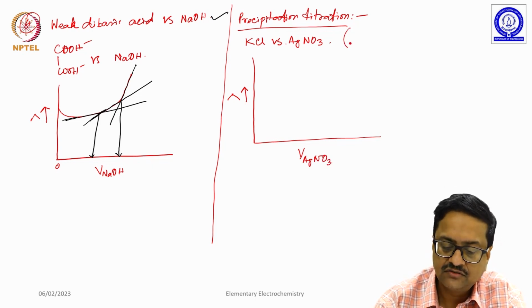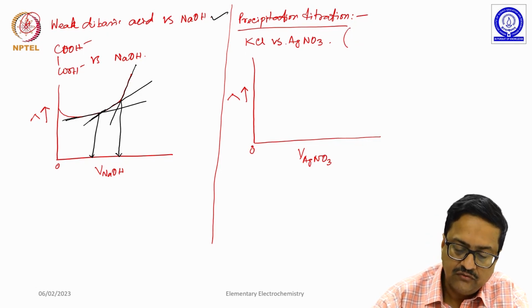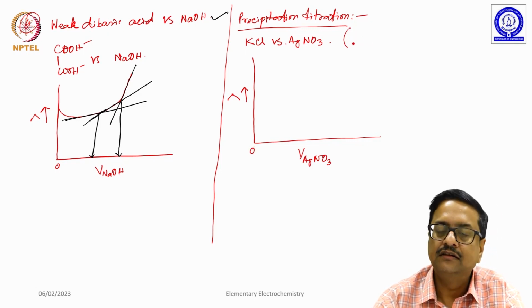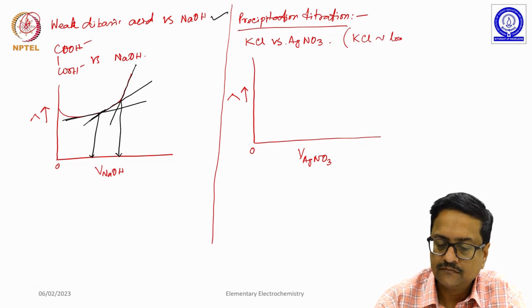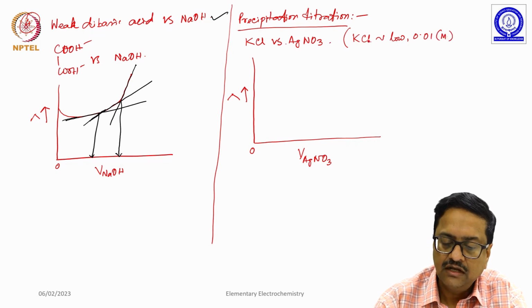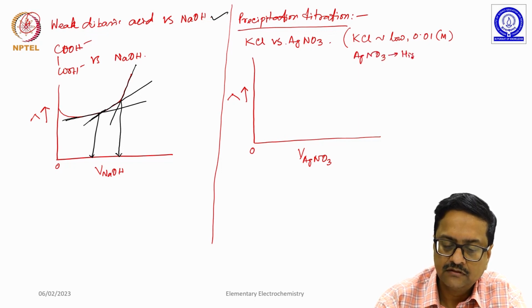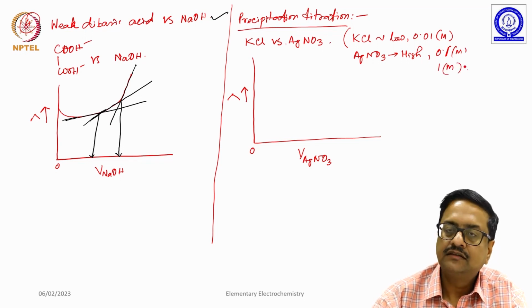The only thing one needs to remember is that we are taking KCl in a beaker. So the concentration of KCl should be low, maybe 0.01 molar, and the concentration of silver nitrate should be high, that is either 0.1 molar or even 1 molar, right?